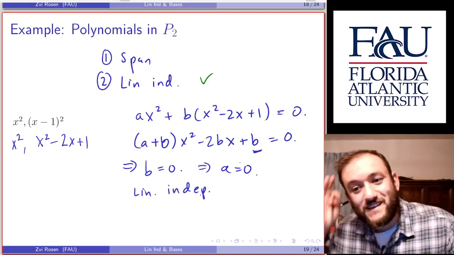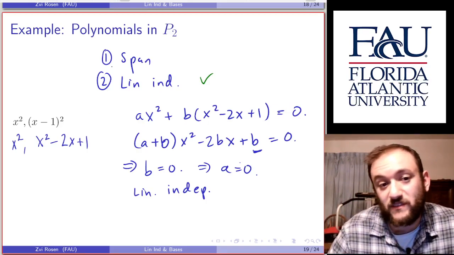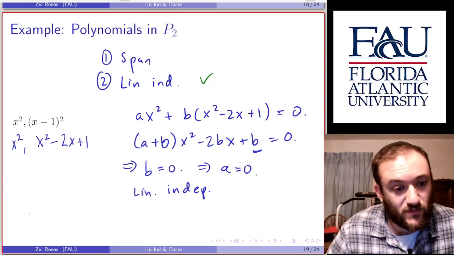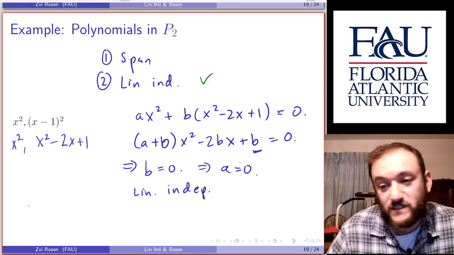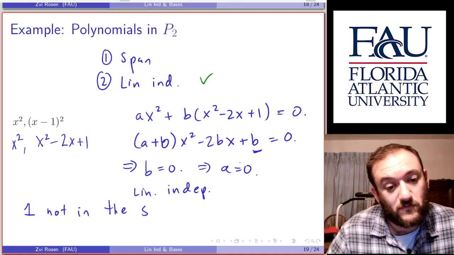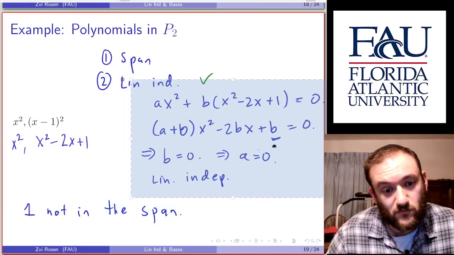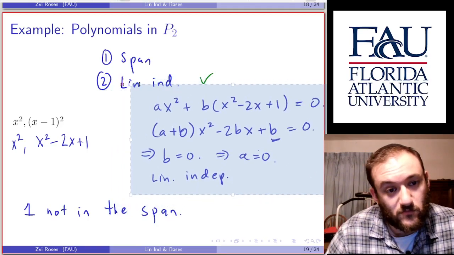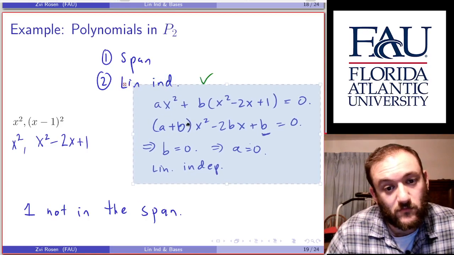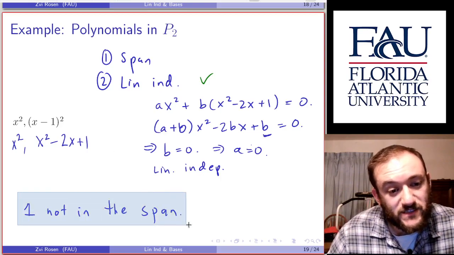On the other hand, this doesn't span. I'll give you an example of a polynomial that's not in there. I'm going to claim that the polynomial 1 is not in the span. The reasoning will be very similar.